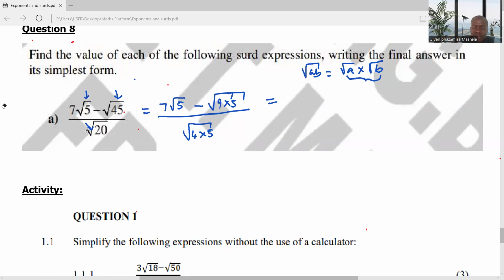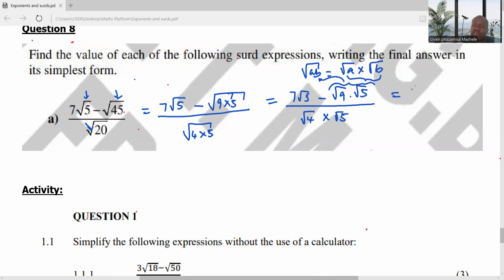We're not using a calculator. So it's 7 root 5 minus, we expand, root 9 times root 5, divided by root 4 times root 5. So we used this law, this one.